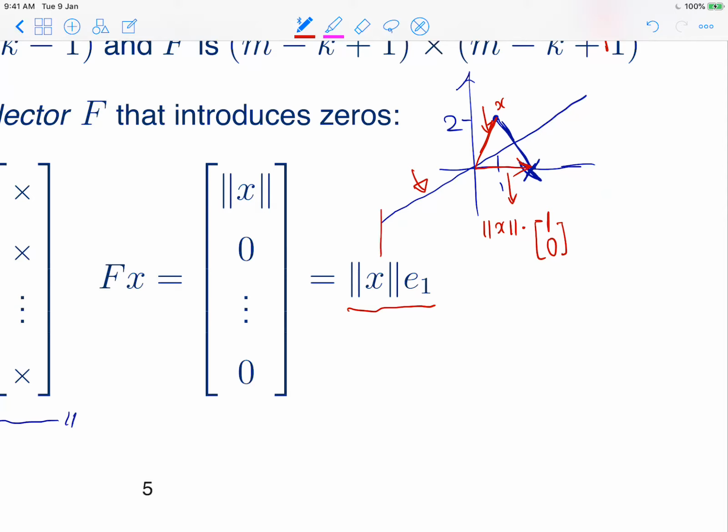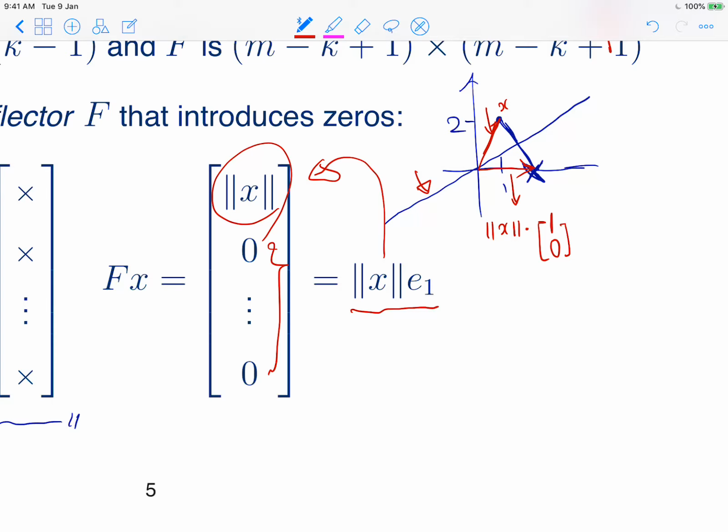More specifically, all the elements are 0 except the first element, which should be the length of the original vector, right? Okay, so the problem is how can we obtain our reflector matrix that is represented by I minus 2 times v v transpose over v transpose v, right?